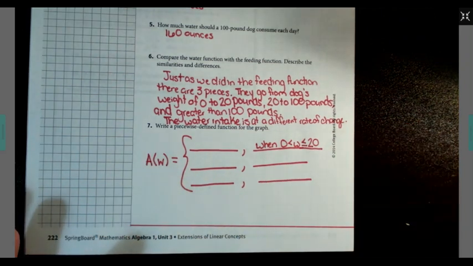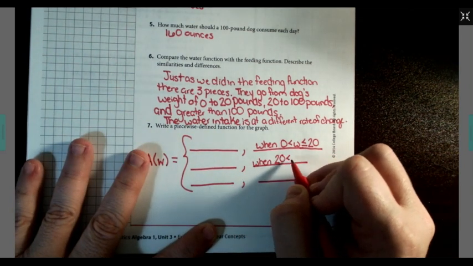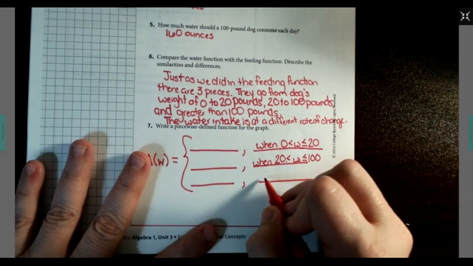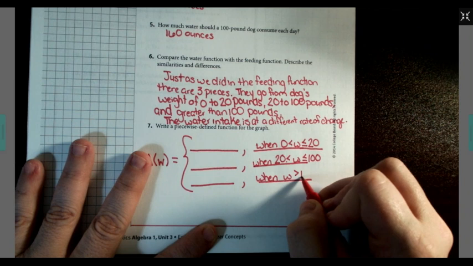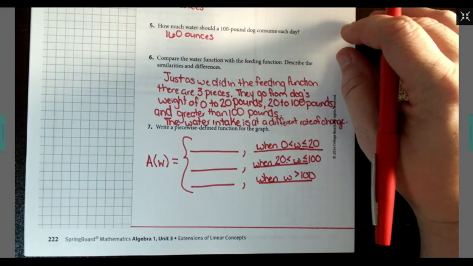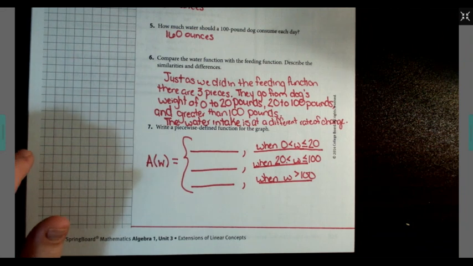This is going to be when the dog is between 20 and 100. And this is going to be when the dog is greater than 100. All right.